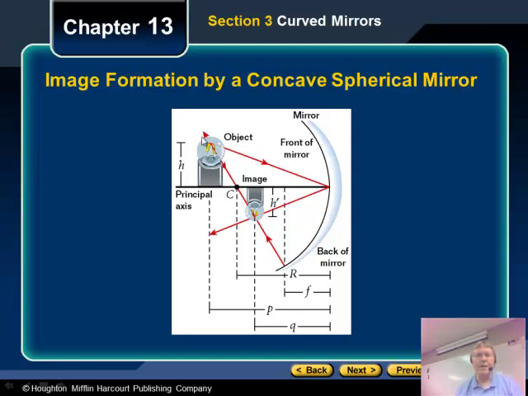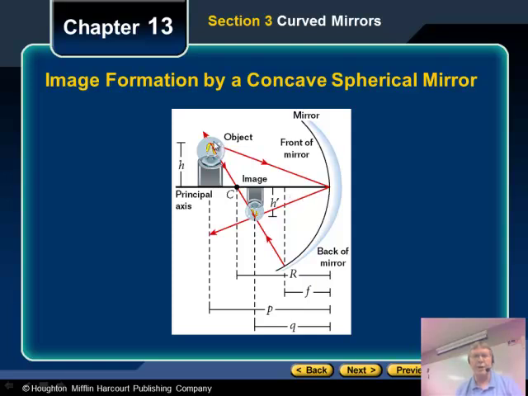Here you see two rays of light coming from the top of this light bulb, from the filament. The first one strikes the mirror here. This is a radius of the mirror, perpendicular to the tangent at that point, so the angle of incidence is the angle between the axis and the incident ray, and the angle of reflection should be equal to it by the law of reflection.